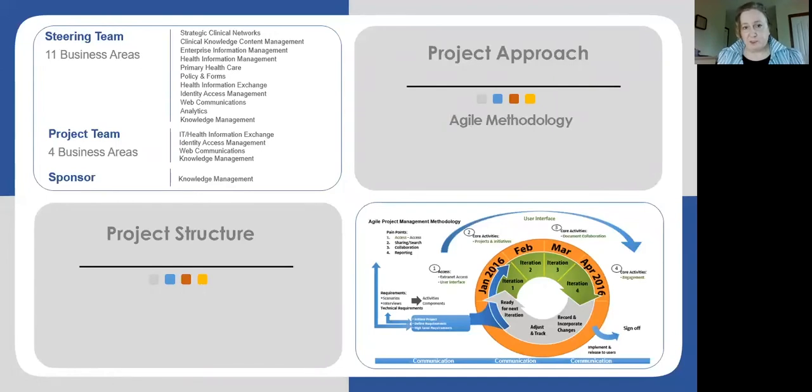From the project approach, we used the agile methodology. And here, for our colleague that asked the question, we went through 4 iterations. After every iteration, we had a conference room pilot. As I mentioned, we did check with the users about their feedback.